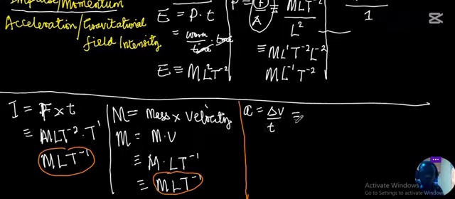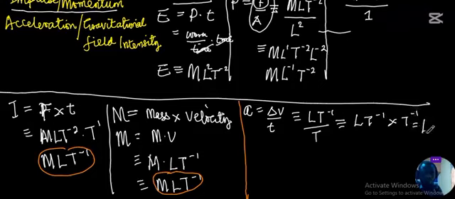The dimension for velocity is given as LT^-1, and the dimension for time is T. So this will automatically give us LT^-1 times T^-1. Combining, we have LT^-1 minus 1, which equals LT^-2.